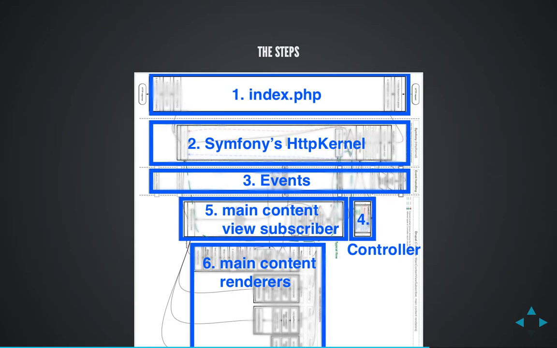First there's index.php, then the Symfony HTTP kernel. Events are triggered by the Symfony HTTP kernel. The controller is called by the HTTP kernel, but then events are used to call the main content view subscriber in case of a render array being returned. And then the main content view subscriber decides which main content renderer to call.